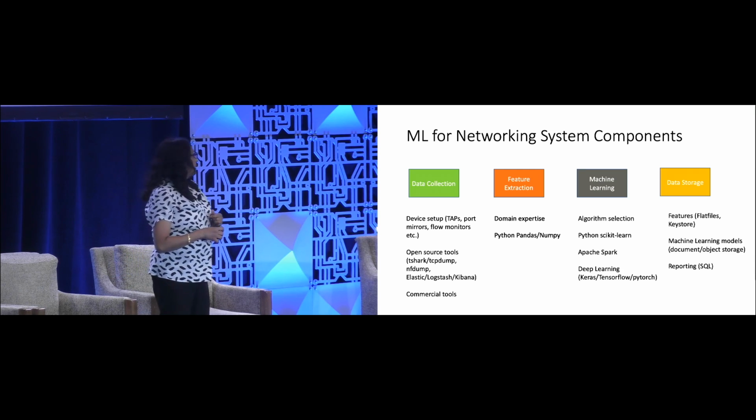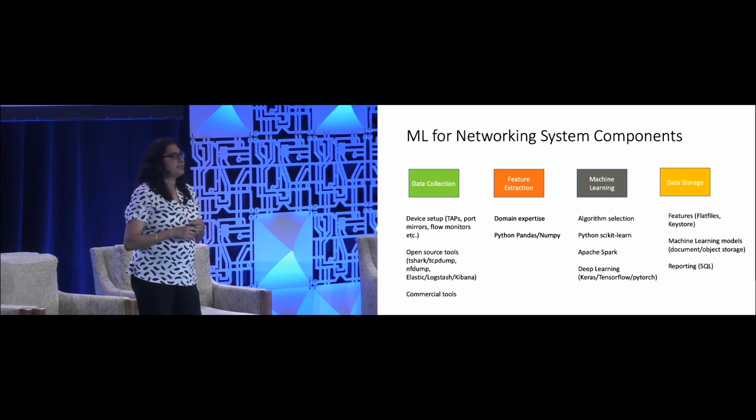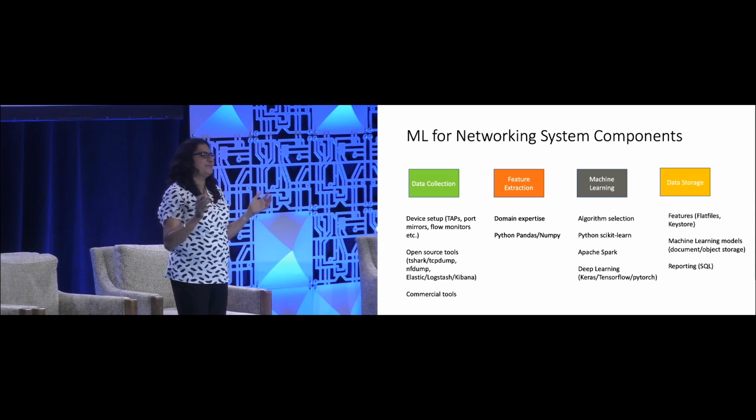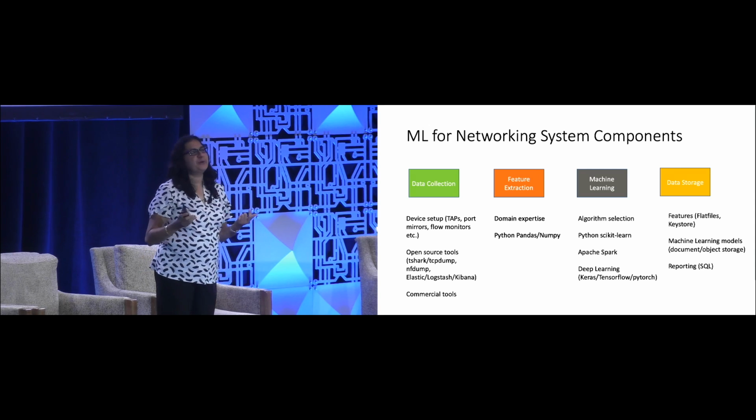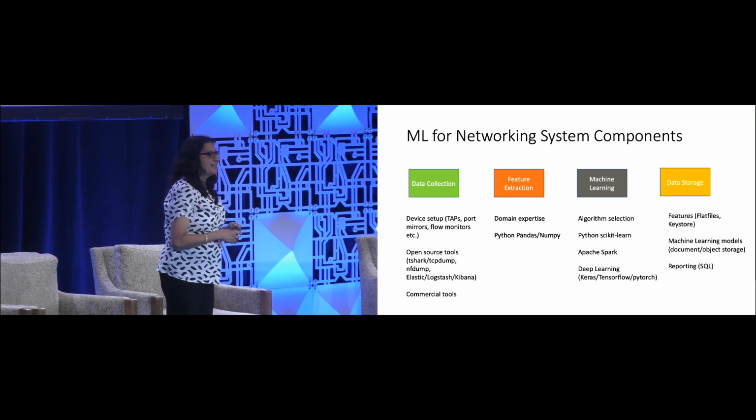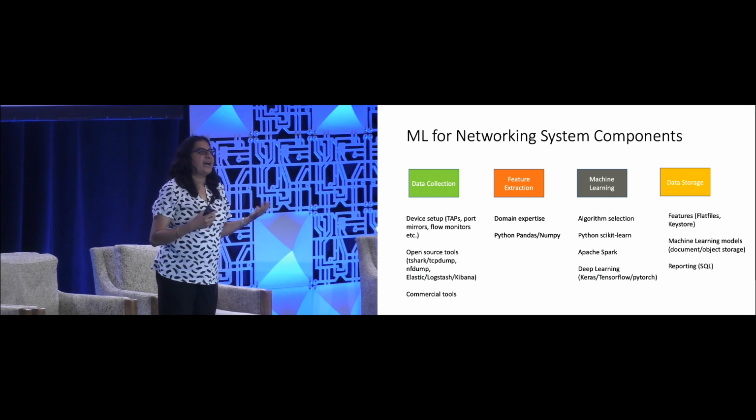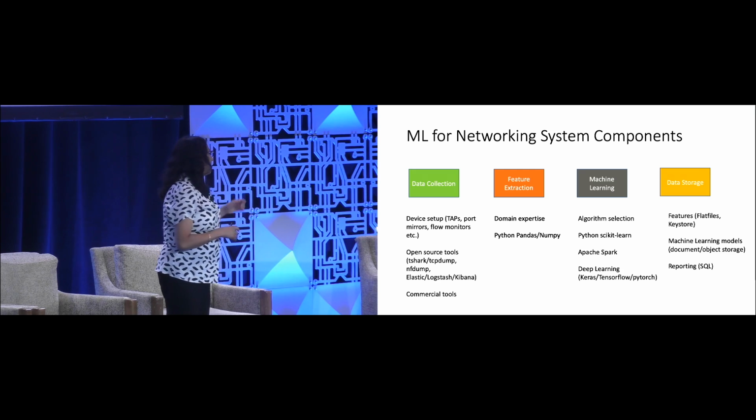The second piece of it was feature extraction. Like I said, this was the most tedious and hard thing to do, and you really needed domain expertise. If people are thinking machine learning is going to suddenly solve all problems and we won't need any more network engineers, this is what proved to us that no, because you still need to understand how networks work to be able to train the machine learning model accurately for it to actually do something.